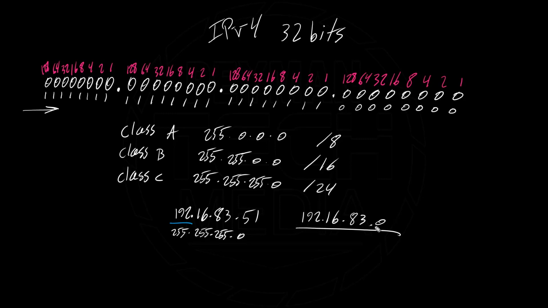So let's take a look in more detail. For these subnet masks, as we can see, for class C we have 255.255.255.0, and here is the cut line between ones and zeros. To the left, network bits; to the right, host bits. All the ones are network, zeros are host. So what is the last bit that is turned on?